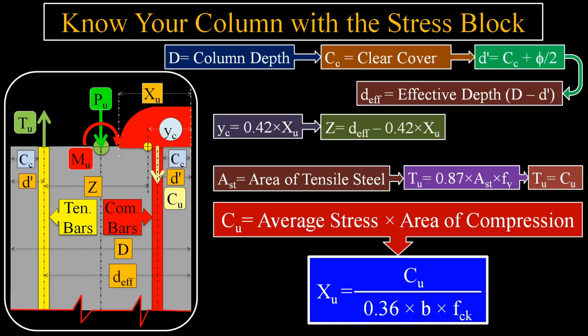These forces are used to iteratively calculate the depth of the neutral axis, Xu, using the simplified formula Xu equals Cu divided by 0.36 times B times Fck. These are the fundamental equations used for the manual design of column interaction diagrams.